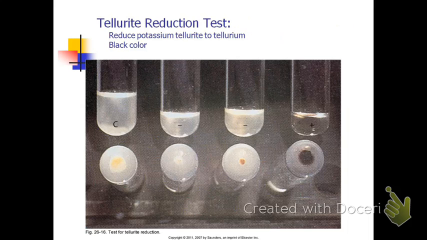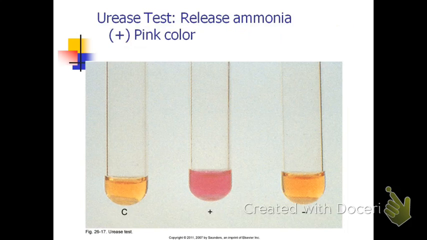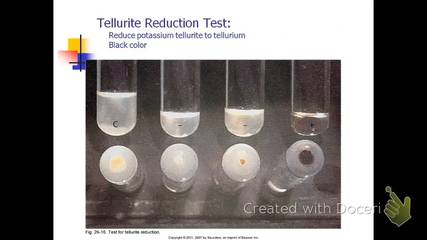This one reduces potassium tellurite to tellurium. So black color is considered as a positive result. Let me go back. Here, the presence of black color. You have to invert the tube, but not in such a way that it will spill out, or you have to look at the bottom of the tube. Or better yet, you should have a test tube rack with a mirror below the tube so that you'll be able to visualize the results.